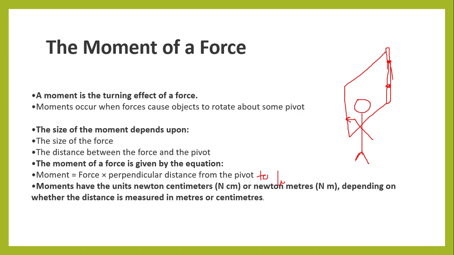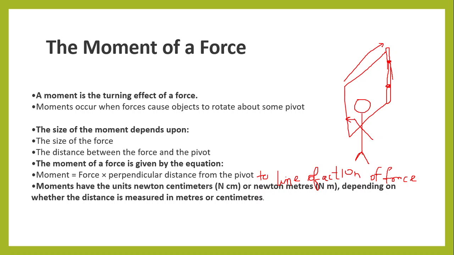Line of action of force. So that's it. Now, if you look at it, this is the force, this is the line of action of force, and the perpendicular distance from the line of action of force to the door is going to be this one.